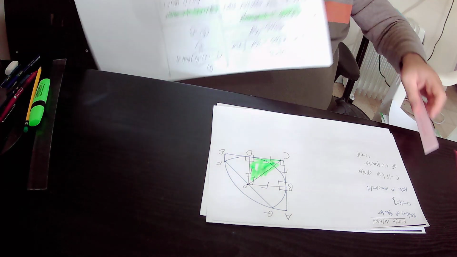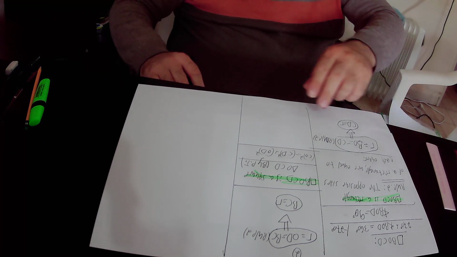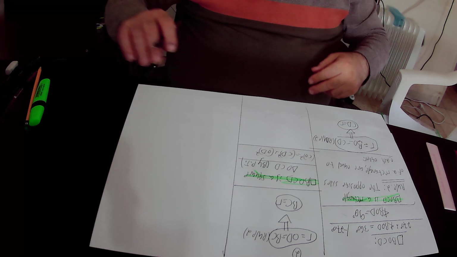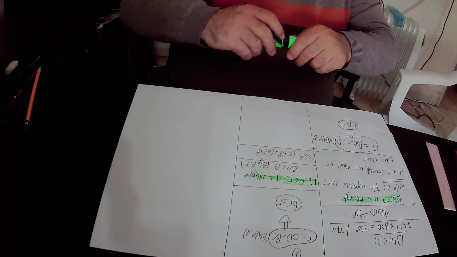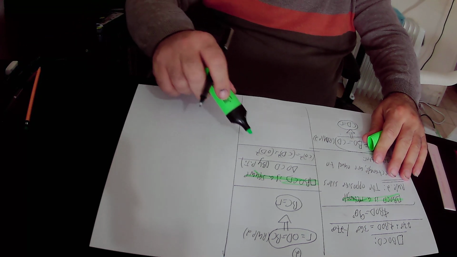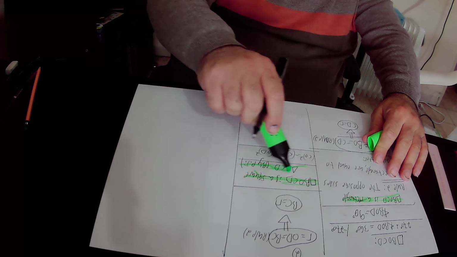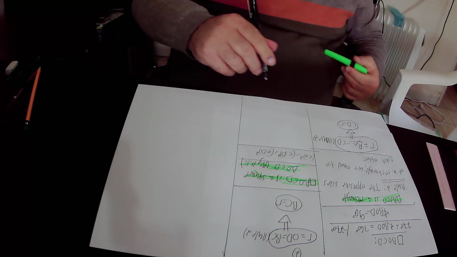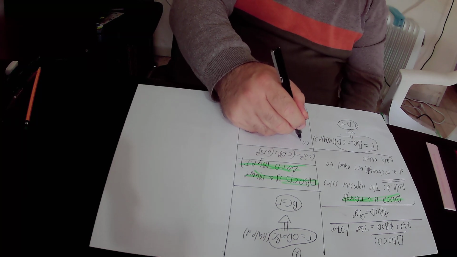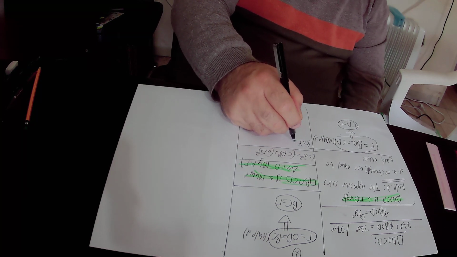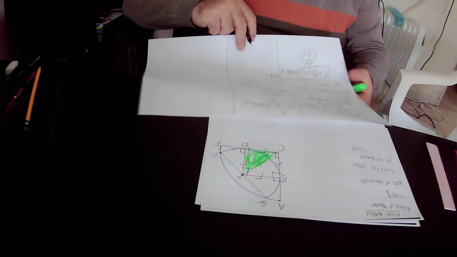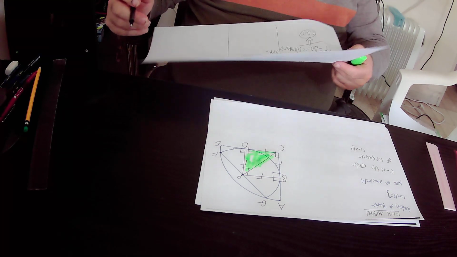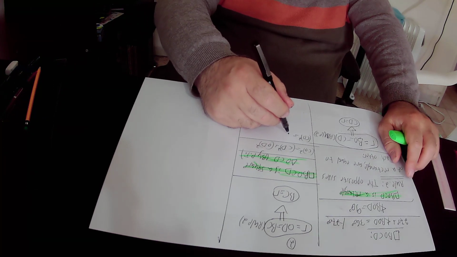I repeat again, according to the Pythagoras theorem in the right green triangle OCD, we get that CO square equals CD square plus OD square. CD equals R, so CD square will be equal to R square.